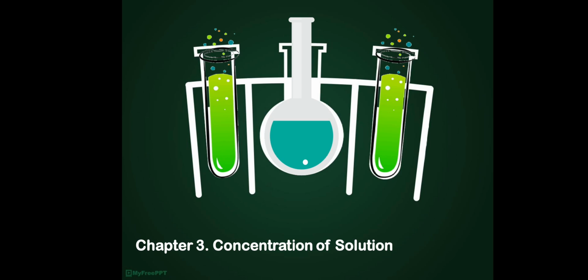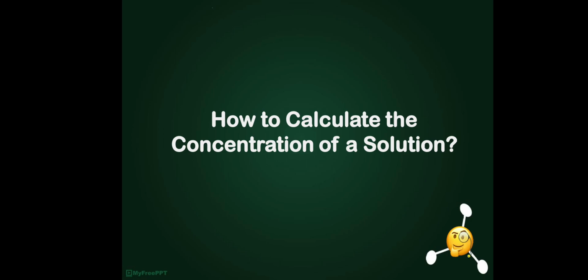Conversion, division, and multiplication are involved in this topic. With that, let's begin our discussion for chapter 3 or lesson 3, concentration of solution. How can we get the concentration of solution? Of course, we will undergo a certain calculation. The very first question I will ask you is how to calculate this concentration of solution.